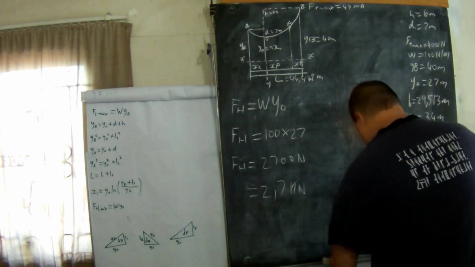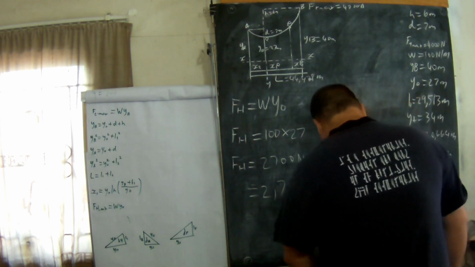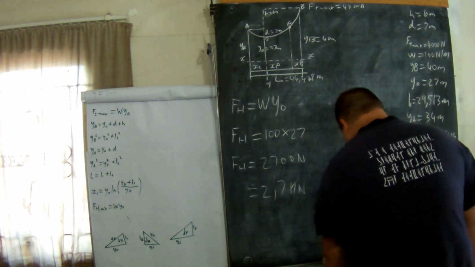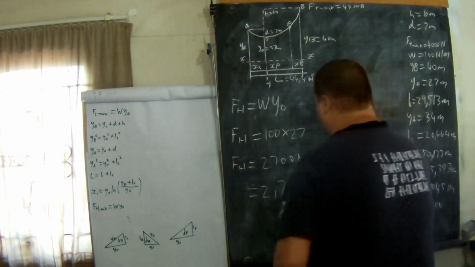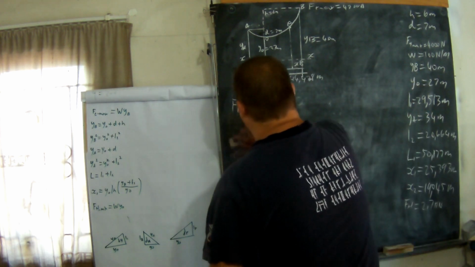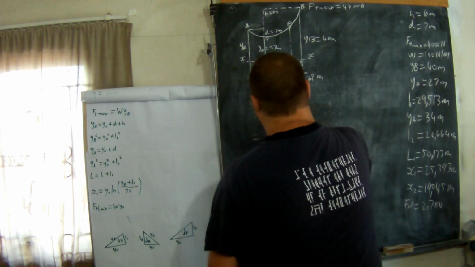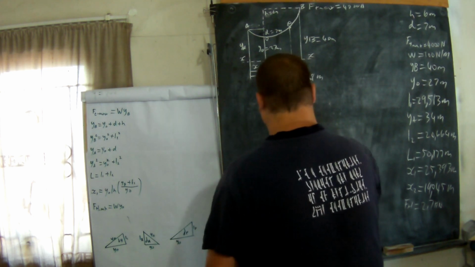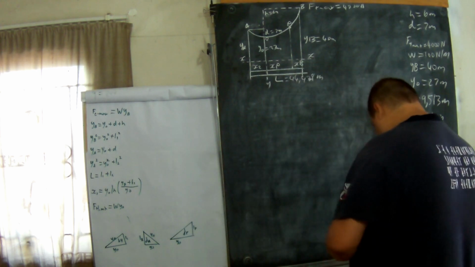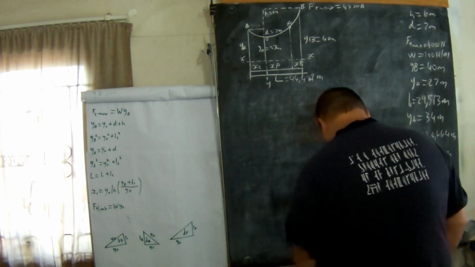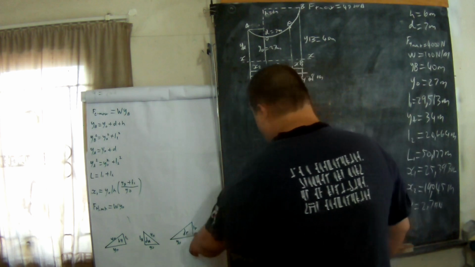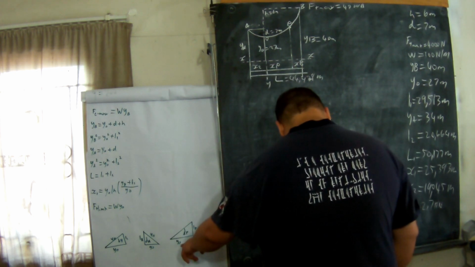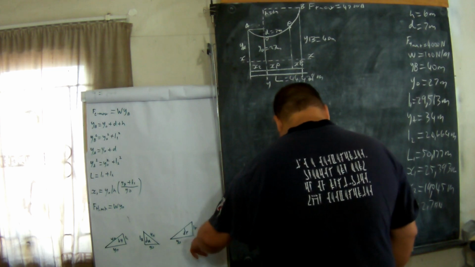Okay, the last question. Calculate the position of point P on the cable where the tension is 3.5 kilonewtons. So we've got to find out where point P is. So first, LP is the arc OP.